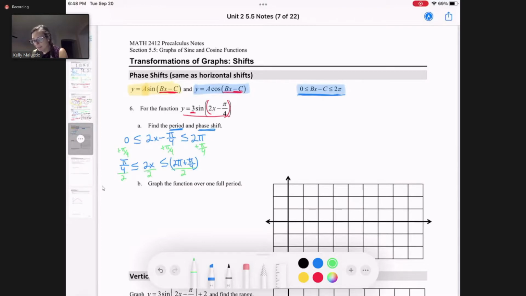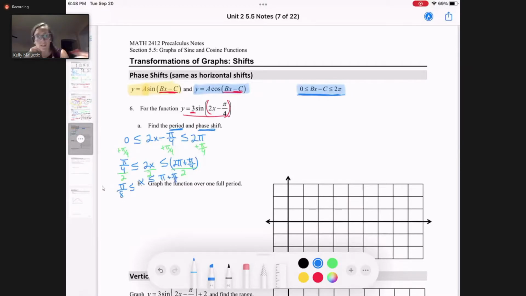Okay, and that's the same thing as multiplying by a half, but we'll take a look at this. So pi over 4 divided by 2 is just pi over 8. Then less than or equal to x, which is less than or equal to, I'll rewrite this nicer somewhere else, but you could divide each of these. So this is pi plus pi over 8.